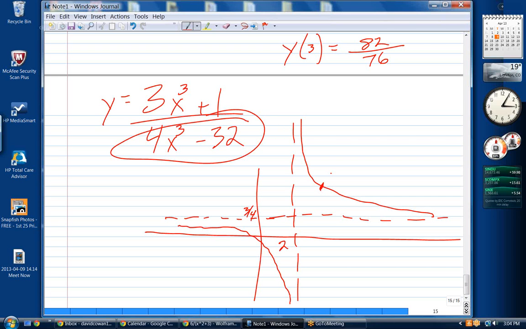I'm not sure what you need to do to improve your skills there, but just practice working through this. What I would do if I were you when I see something like this, I would absolutely write it out like this and set it equal to 0 and solve it. This is what you need to be able to solve. If you can't solve that, that's a big problem. Okay?